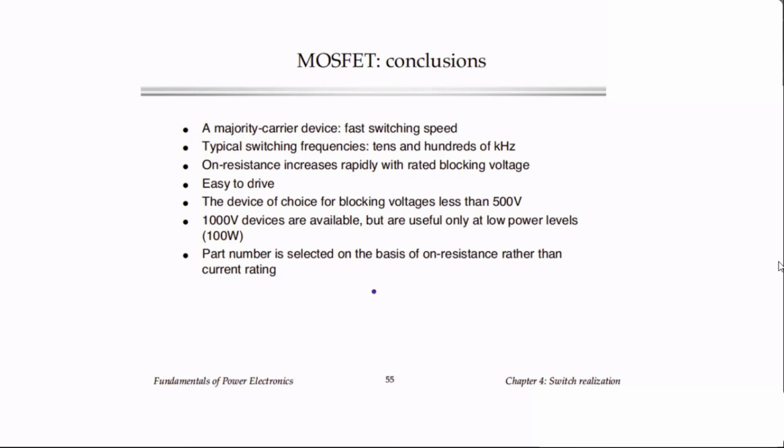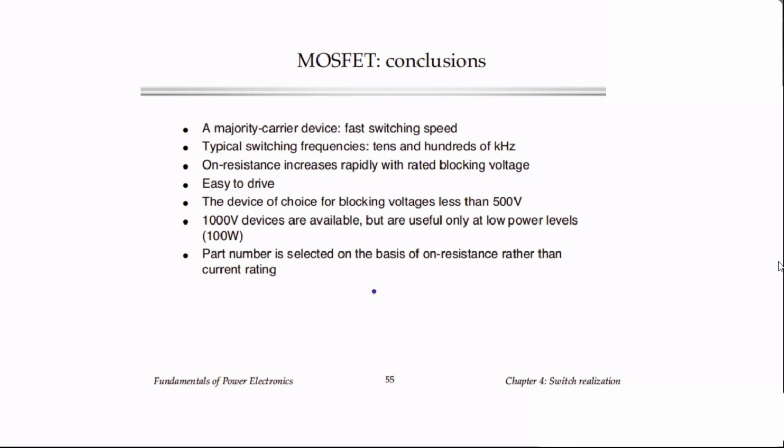In a MOSFET it is typical to get switching times of a few tens of nanoseconds, and in low voltage devices even faster. So typical switching frequencies of tens and hundreds of kilohertz are easy, and we have low voltage computer type power supplies that run in the megahertz switching frequency range because of the high speed of these devices.